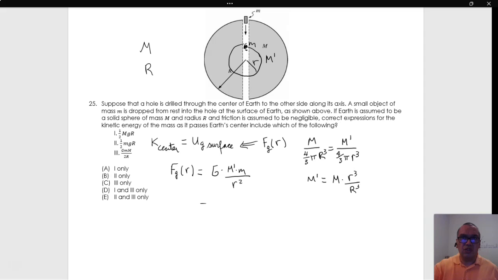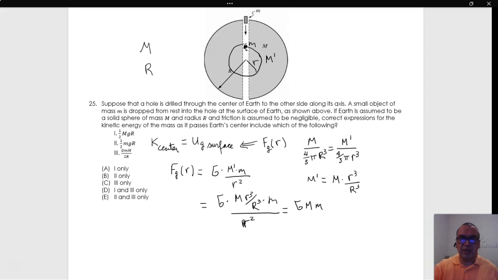If we substitute this into the force equation, we obtain a function for the gravitational force that is linear and depends on the distance from the center.